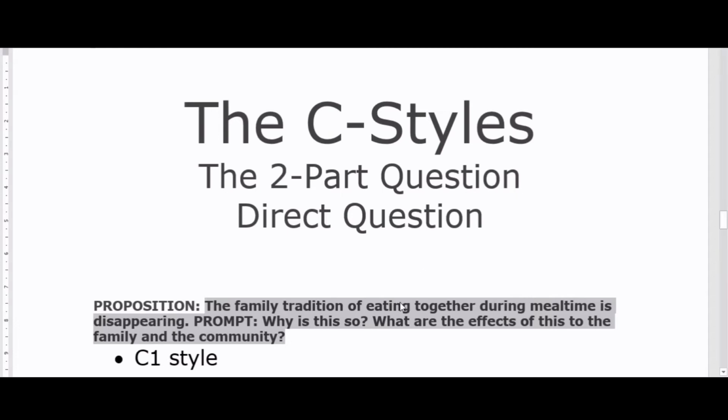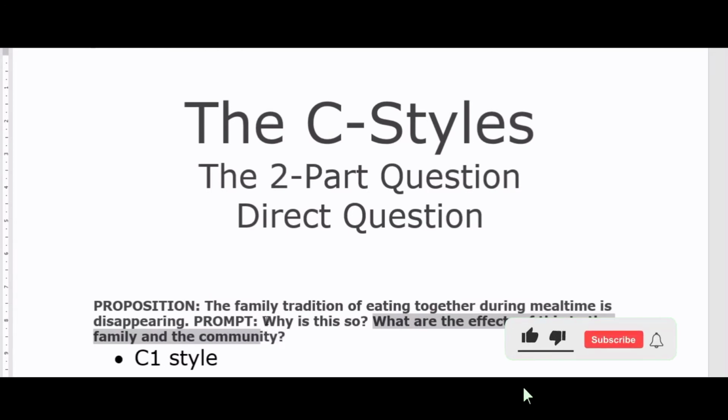And this is now what we call the C1 style, because the two questions are answerable one-sidedly. Why is this so? If you remember, in that part, the writer proceeded to argue a number of arguments in one paragraph why this trend is happening, and what are the effects of this to the family and the community. And so the writer proceeded to argue some effects to the family and some effects to the community.